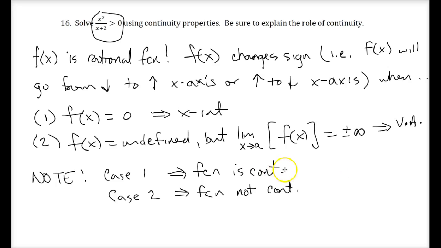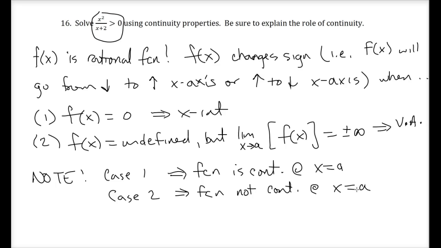And so I'm going to say it is continuous at some x equals a, and I'm going to say here that it's not continuous at some x equals a. So that's how continuity plays a role in this. And so whenever we are trying to figure out for what values of x is the graph of a rational function either strictly above or strictly below the x-axis, we use these properties that we know about a rational function in particular to be able to help us out.